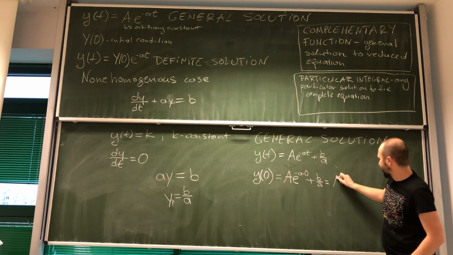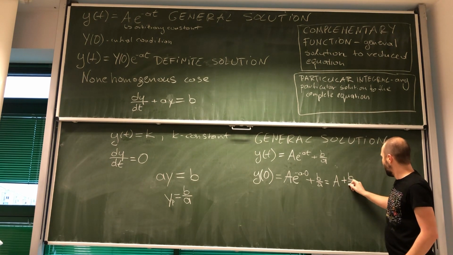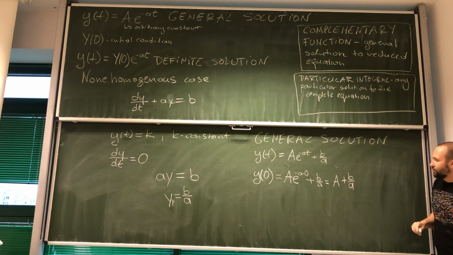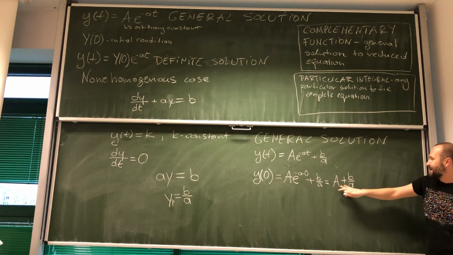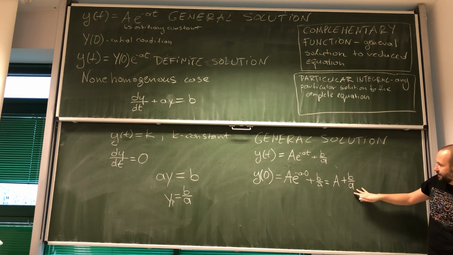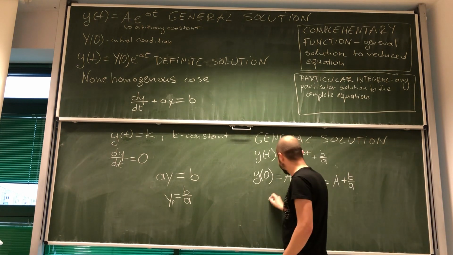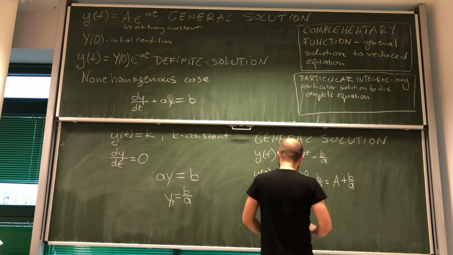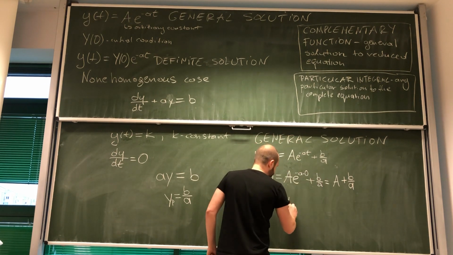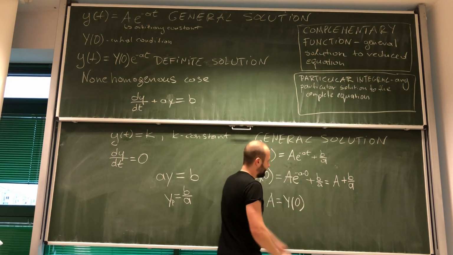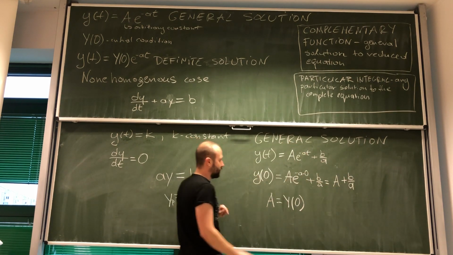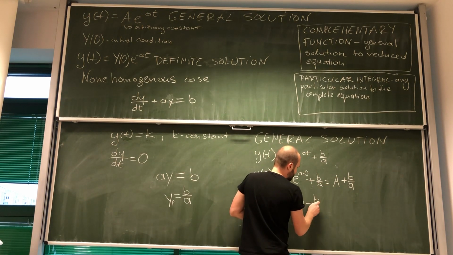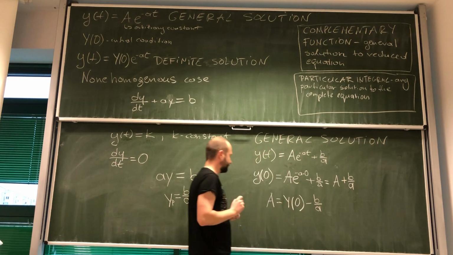So we've just got a plus b over a. So we know now that y0 is equal to a plus b over a, and consequently a must be equal to y0 minus b over a, if I subtract b over a from both sides of the equation.